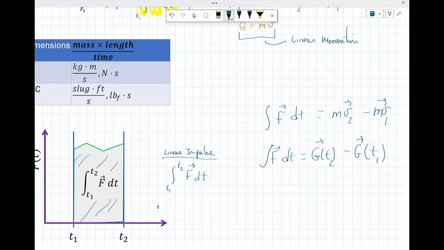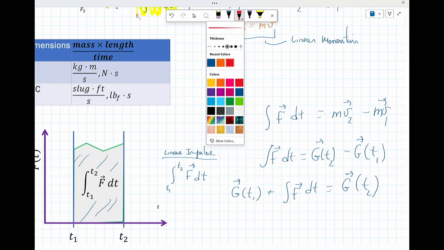And we have a g of t1 plus an impulse delivered over time is equal to g at time 2. And that's going to be one of those governing equations you break down into scalar components and solve for in a number of different cases.